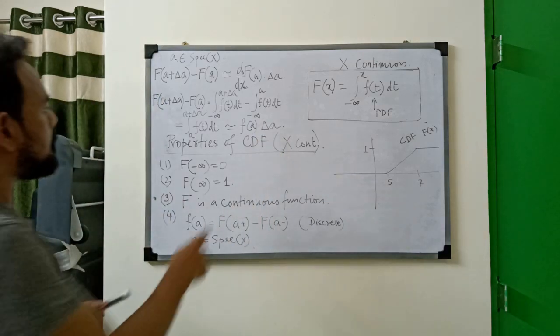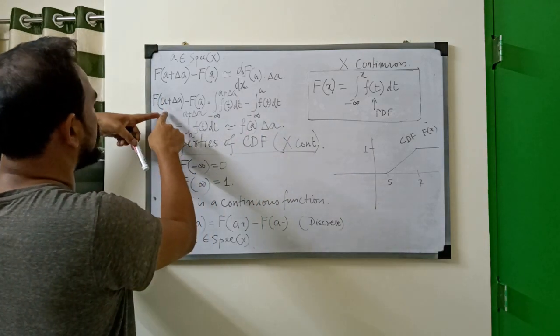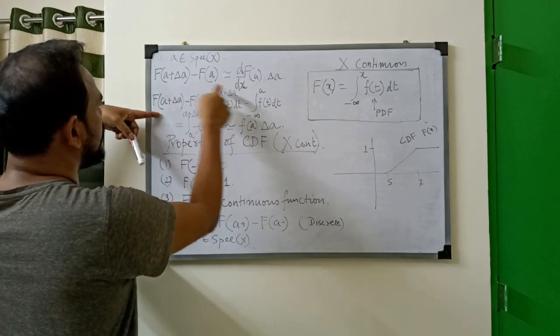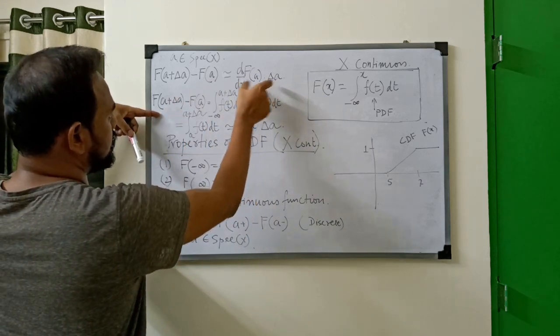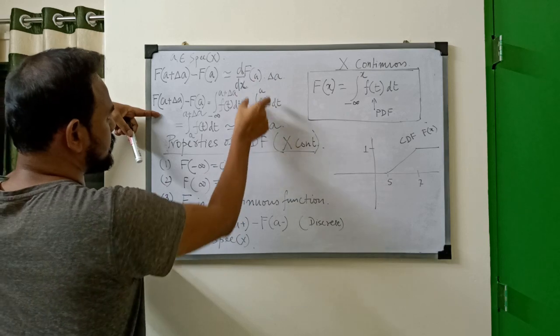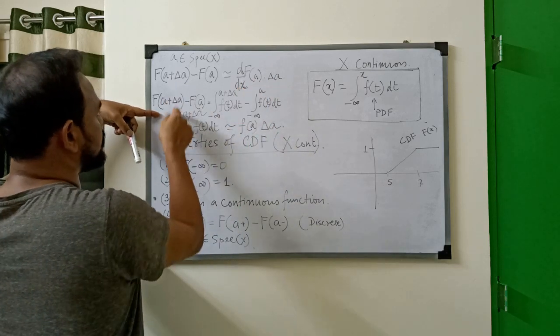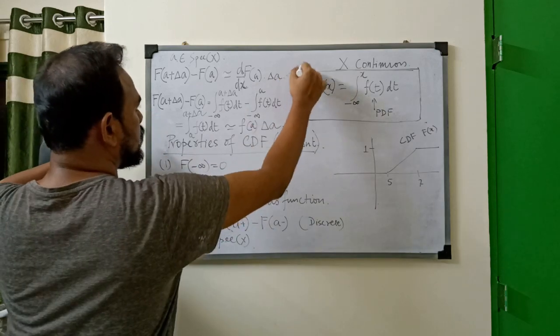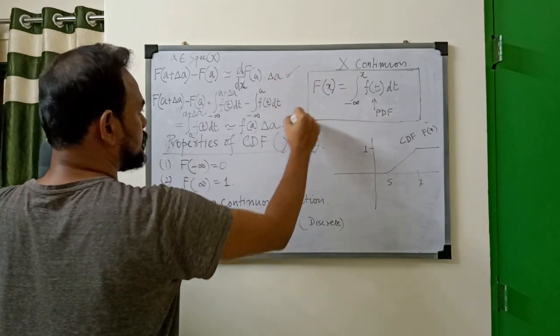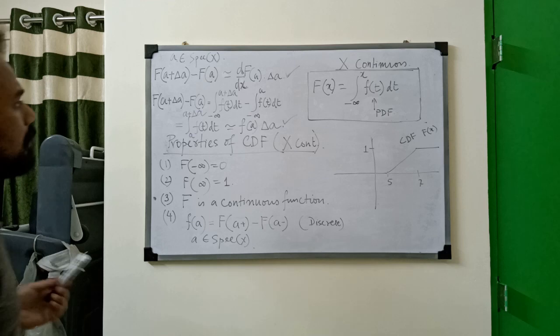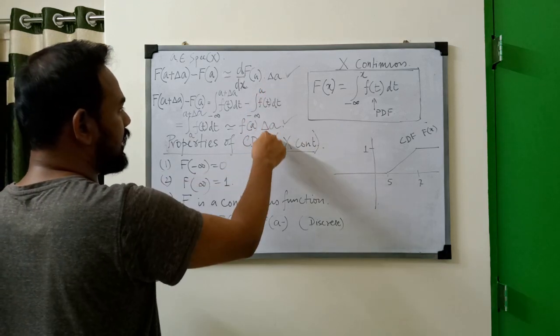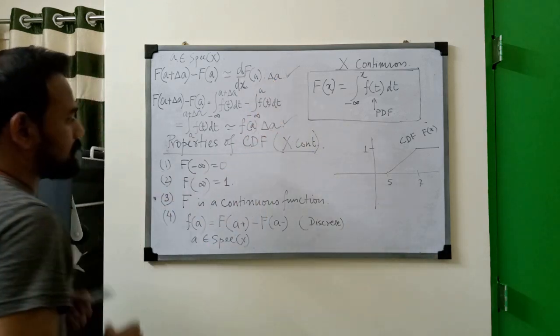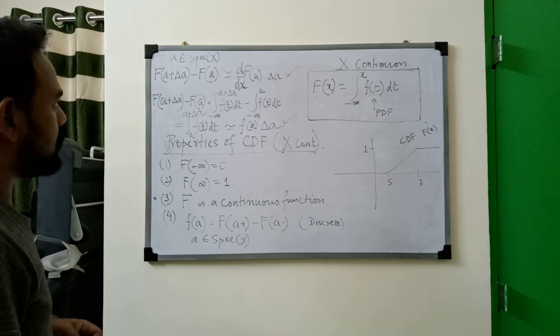So if you compare these two, they're equal. The left-hand sides are equal, except the expressions on the right-hand sides are not. But because the left-hand sides are equal, these two must be equal. If they are equal, you can cancel off delta a from both sides, because that's a non-zero number.